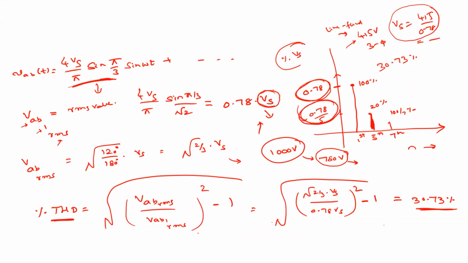Make the change here. In other words, the best way is to assume that the fundamental is 100%. So this will be 100 by 5, and this will be 100 by 7, likewise. Any questions? You have to remember this value, that is 0.78 times the fundamental.